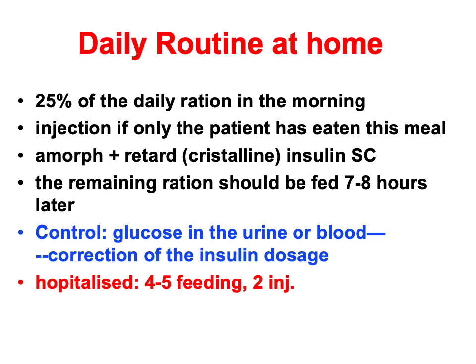You have to control the glucose in the urine or in the blood to regularly correct the insulin dosage. This is the simplified daily routine at home. In a hospitalized situation, when 4 or 5 small feedings and 2 injections are possible, of course this is even better.